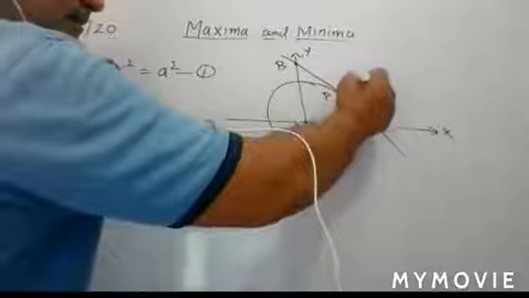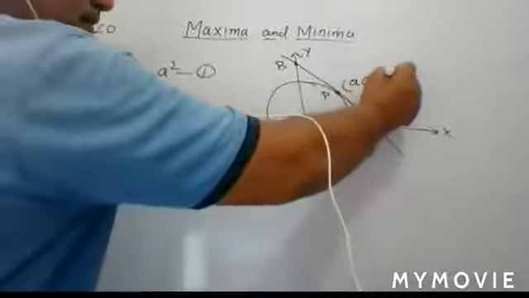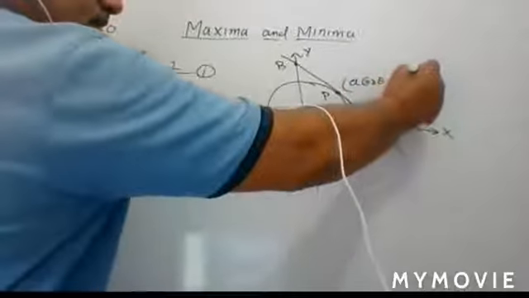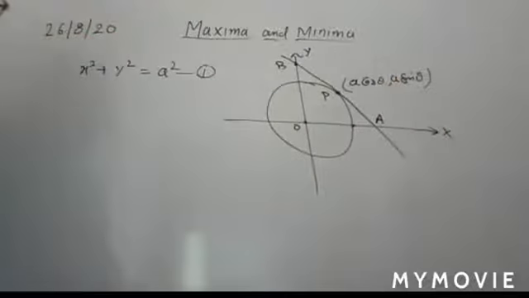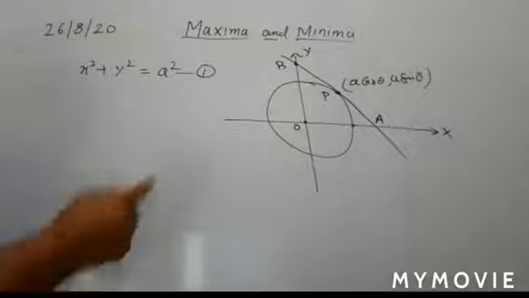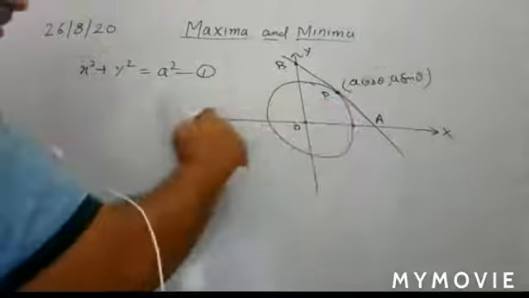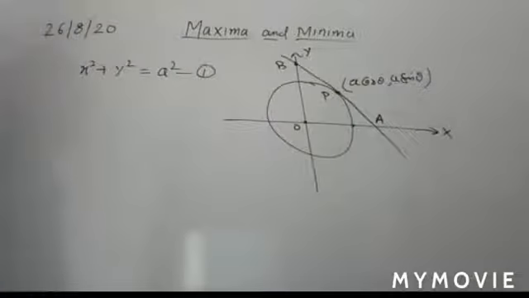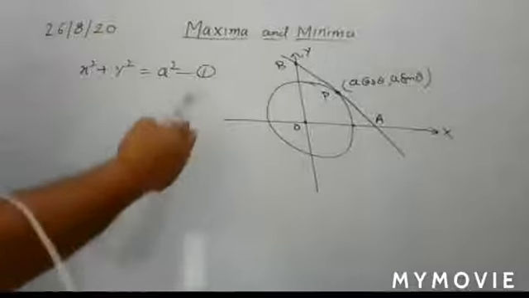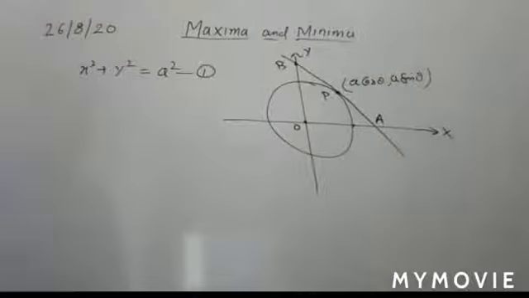That is a cos theta, a sin theta. That is also known as its parametric equation: the parametric equation of the circle is x is equal to a cos theta and y is equal to a sin theta.